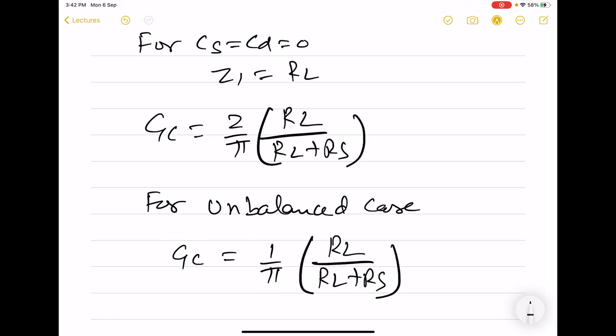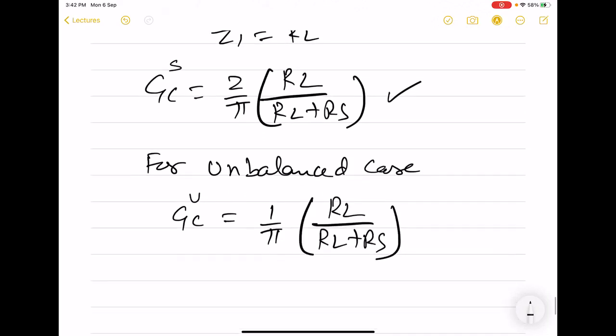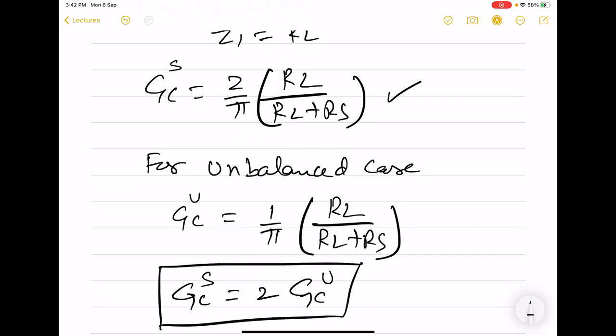We find that for the unbalanced we have this value, and for single balanced we have this value. So we find that the conversion gain for single balanced is 2 times that of unbalanced. So we now have an advantage in terms of conversion gain also. That means the output is going to be not so weak, not so small.